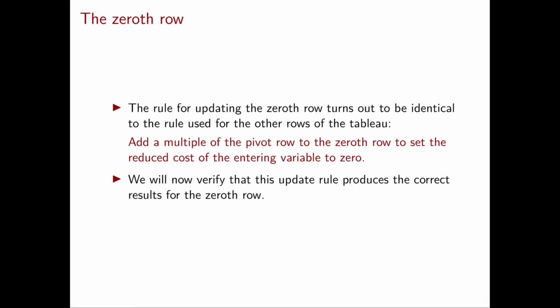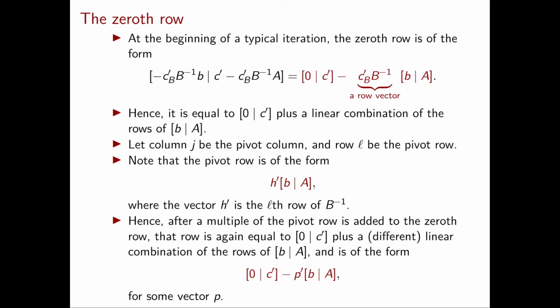Of course, we need to prove that this update rule produces the correct 0th row for the next iteration. So it needs to update correctly the negative of the current cost and the reduced costs. Now we're going to prove that this update rule is correct, and we're going to do this in a couple of different steps.